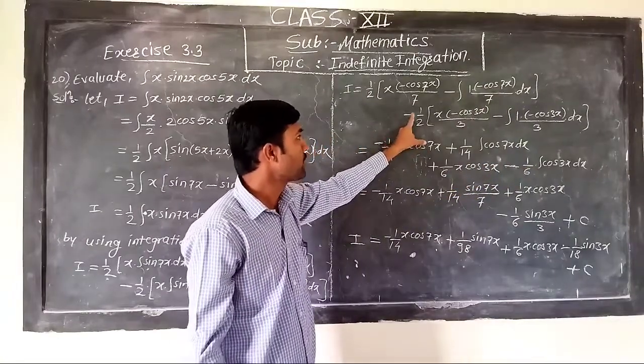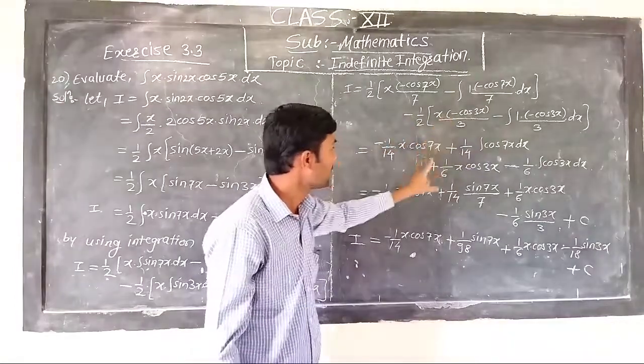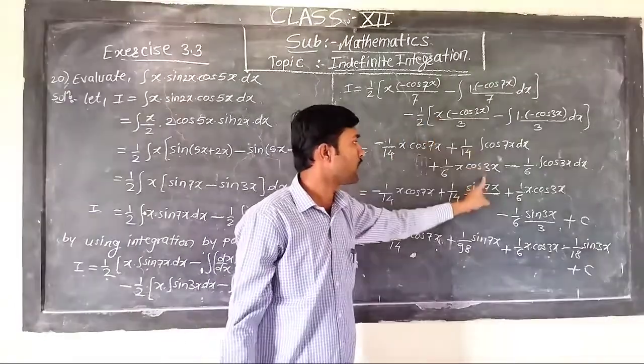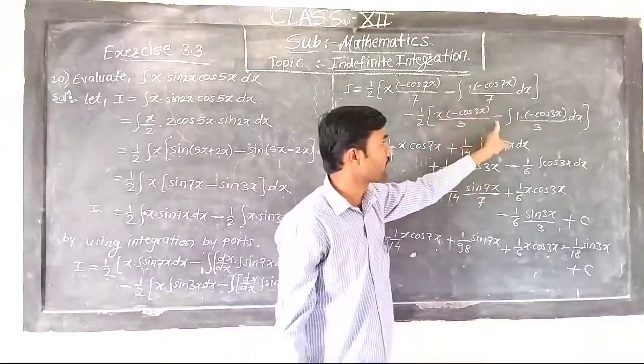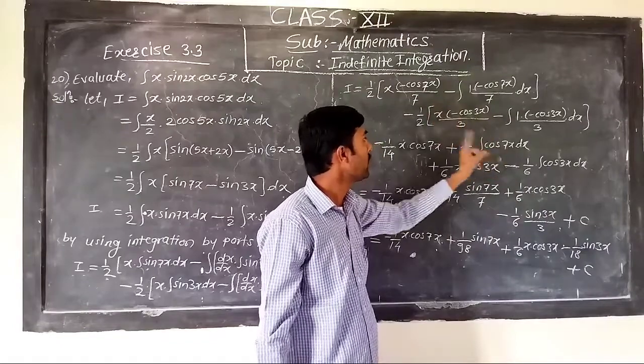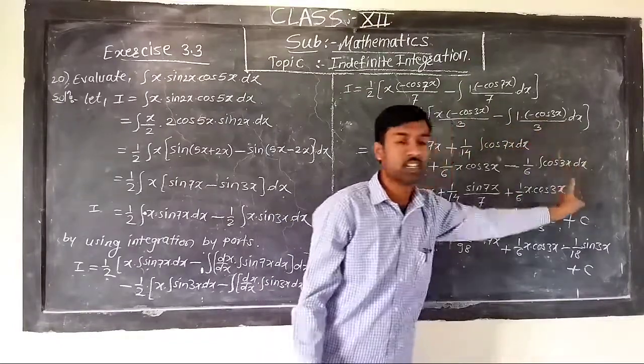After multiplying by minus 1 by 2 to this bracket, we will get minus into minus, this will be plus 1 upon 2 3s are 6 into x into cos 3x, minus into minus plus, plus into minus, again minus, 1 1s are 1 upon 2 3s are 6 into integration of cos 3x dx.